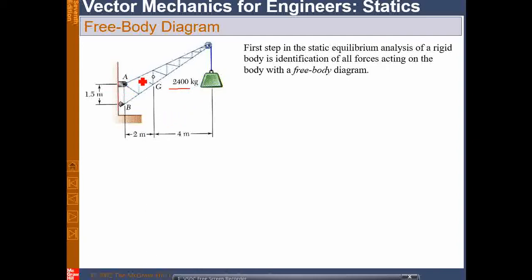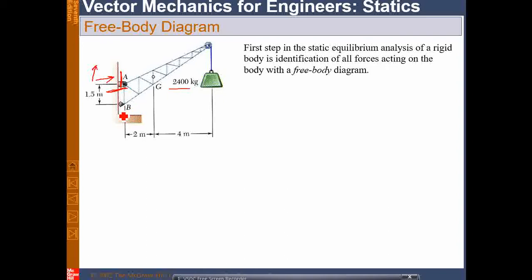This crane is fixed at point A. Since it is fixed, it is not allowed to move in the x direction, and it is also not allowed to move in the y direction. So there is no vertical movement and no horizontal movement. These two movements are restricted due to the fixed constraint here.